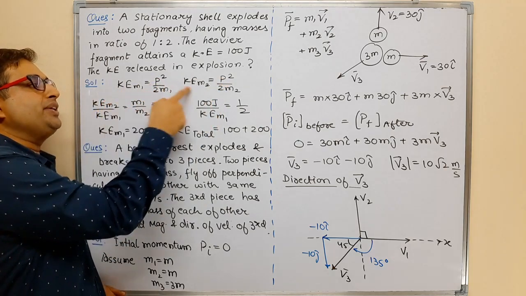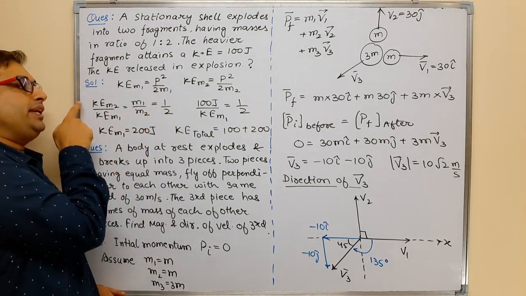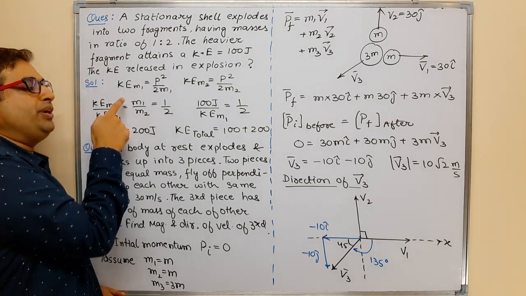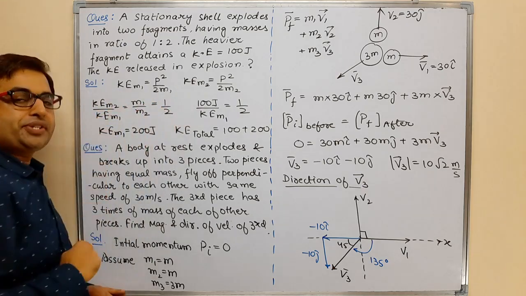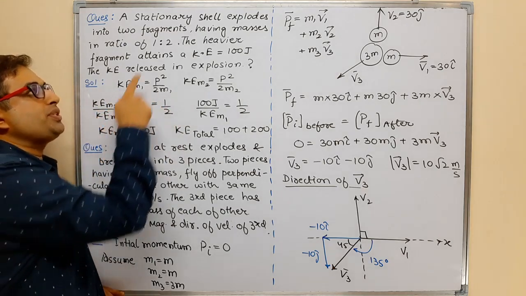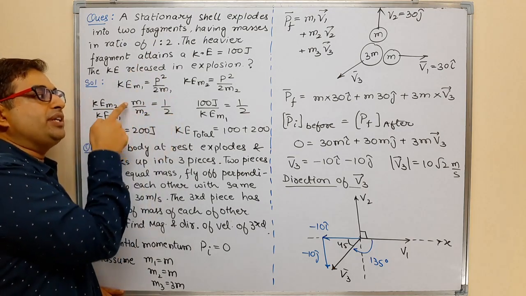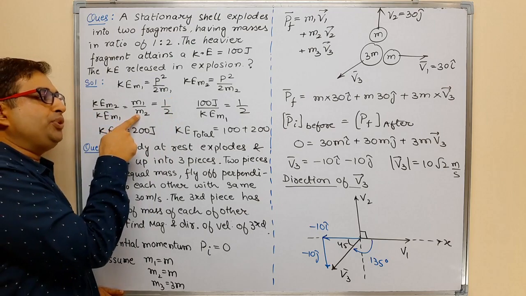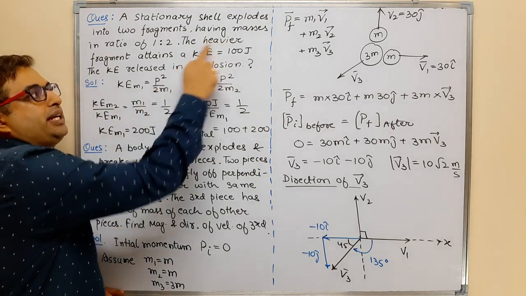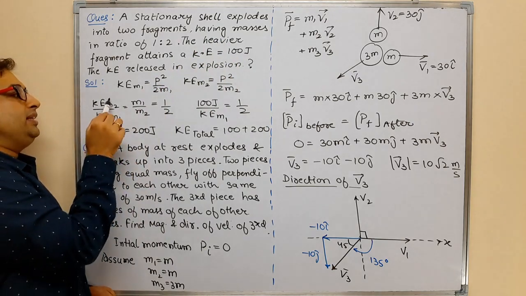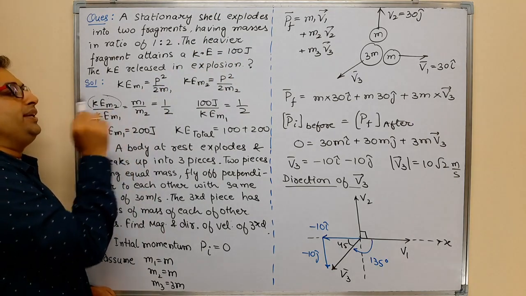So kinetic energy ratio KE m2 divided by KE m1 is equal to m1 by m2 because of inverse relation. Now this ratio is given to you 1 by 2. That means m2 is heavier than m1. So if m2 is heavier, its kinetic energy is given to you 100 joule.